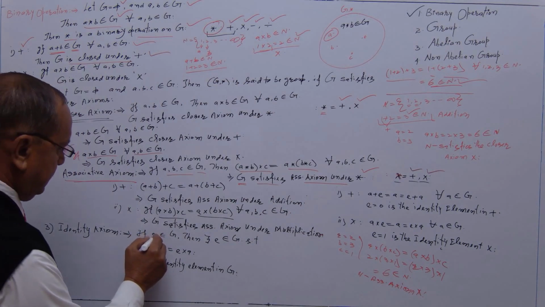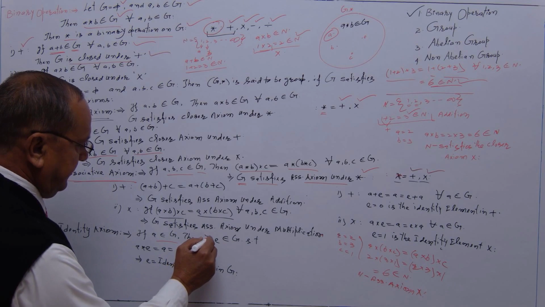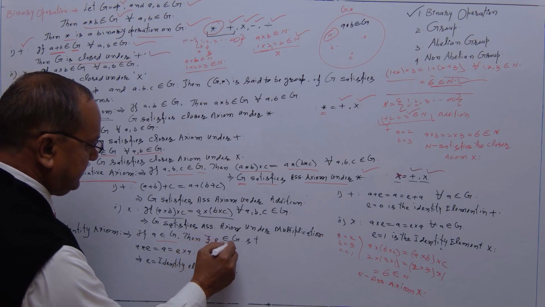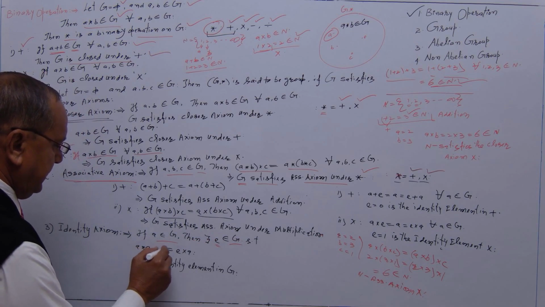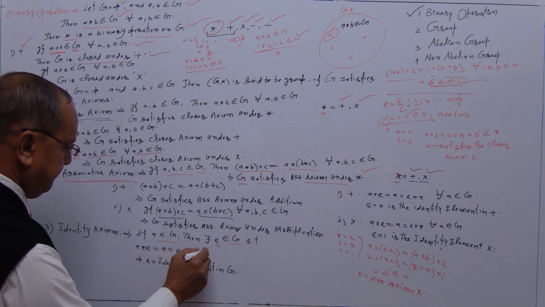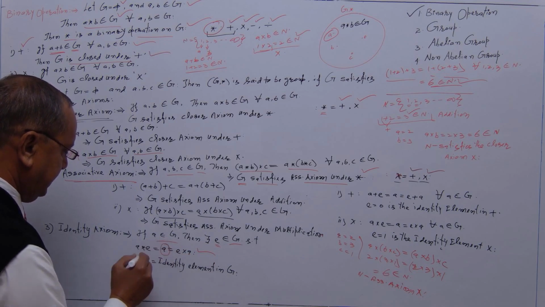If a belongs to set G, then there exists an element e also belonging to the same set G such that a star e is equal to e star a is equal to a. So here the value of a does not change.